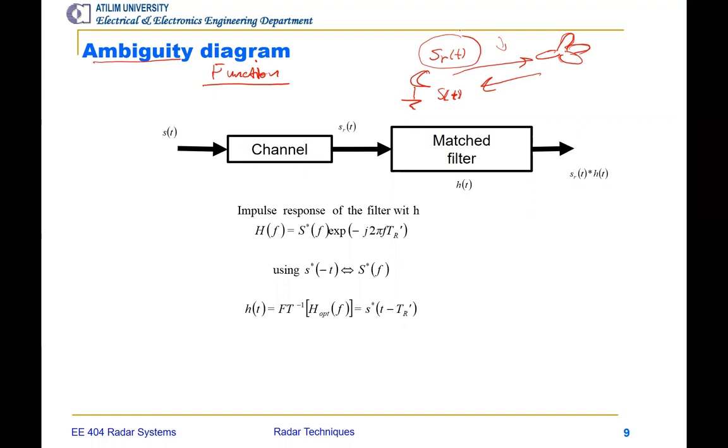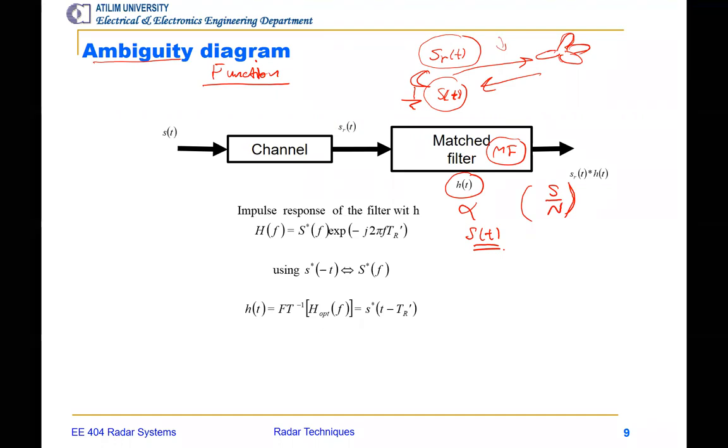The goal of the matched filter here is to maximize the SNR, and it's defined with respect to the transmitted signal. So h of t is simply proportional to s of t. Somehow we derive h of t from s of t, and we know s of t, then we know h of t. So it's quite easy to design a matched filter once we know what we want to transmit.